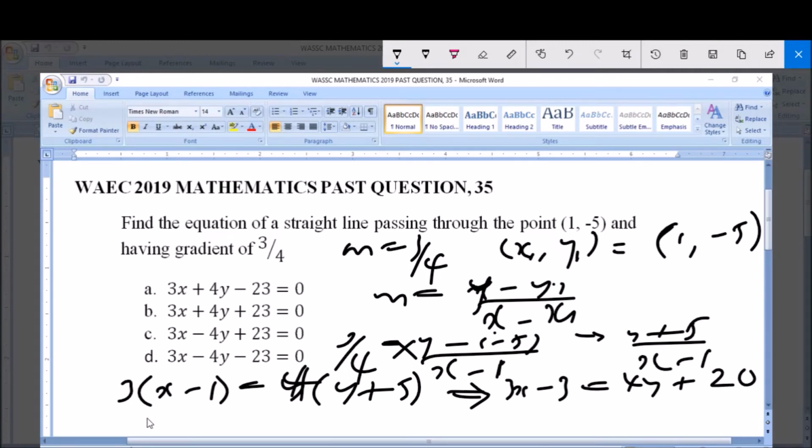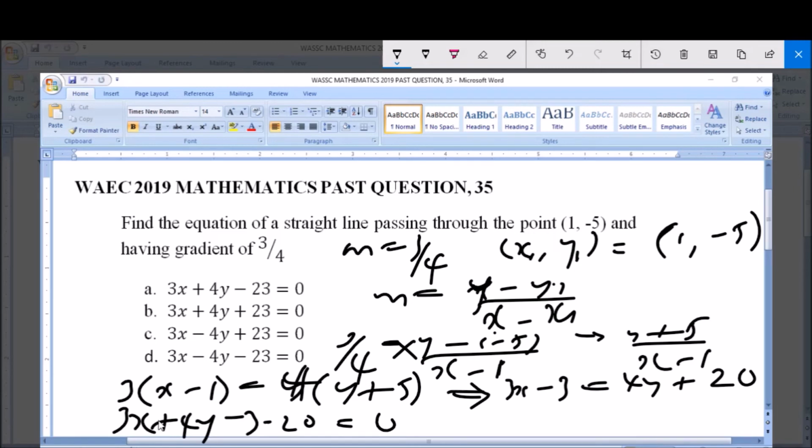So we collect like terms, taking the 4y and the 20 to the left hand side. We have 3x plus 4y minus 3. When you take the 20 to the other side, it becomes minus 20 equals 0.